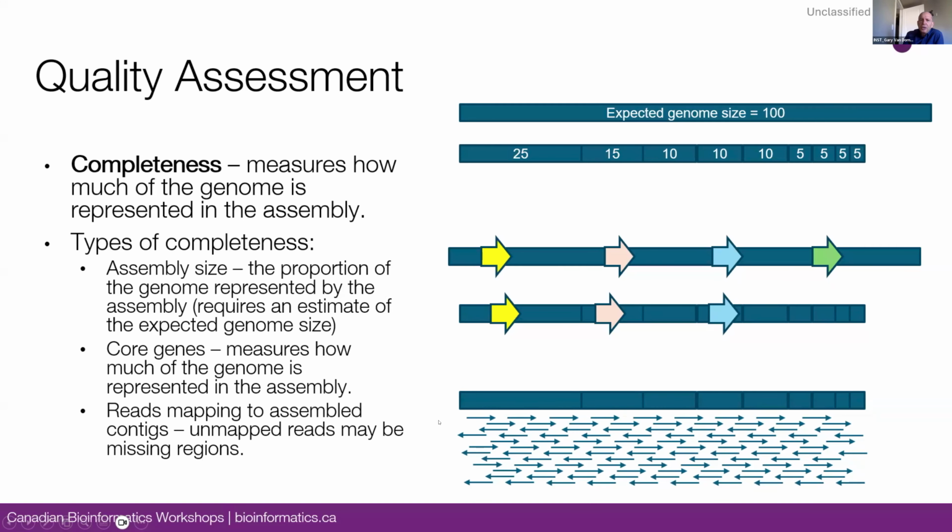And the last thing that you can do is to just map your reads back to the assembled contigs and look to see how well they concord. If you find unmapped reads, I don't show them here, but if you did have content that wasn't assembled but was sequenced, then you would have some reads that did not get incorporated into the assembly. Finding that situation can be a measure of the quality of your assembly.